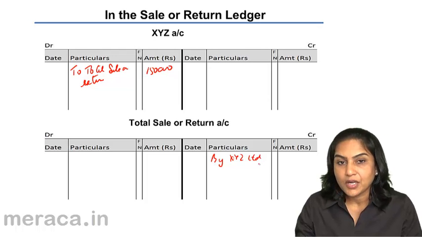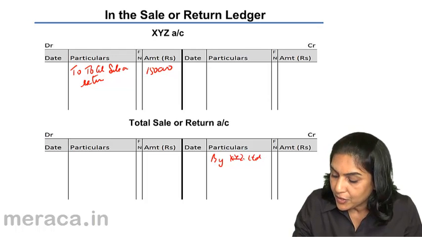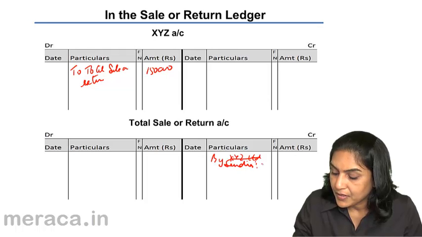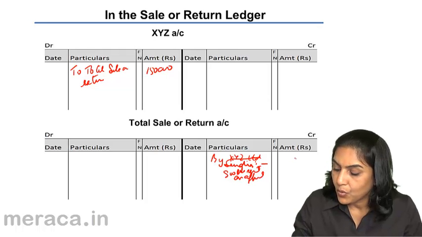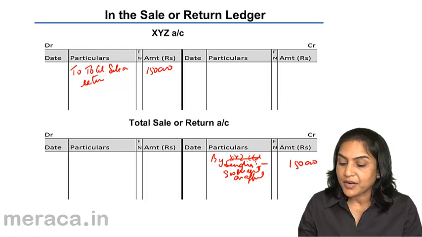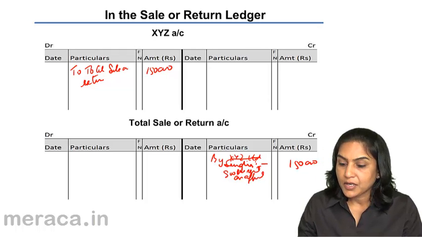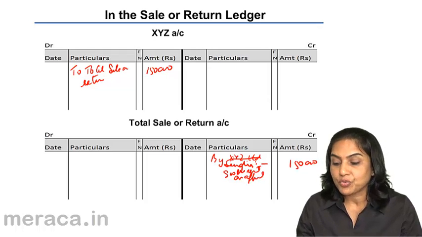It is not by XYZ Limited because posting is done in total and not individually. So we may say by sundries, goods sent on approval, 1,50,000. For the goods which are returned and for the goods which are approved, XYZ's account would be credited.